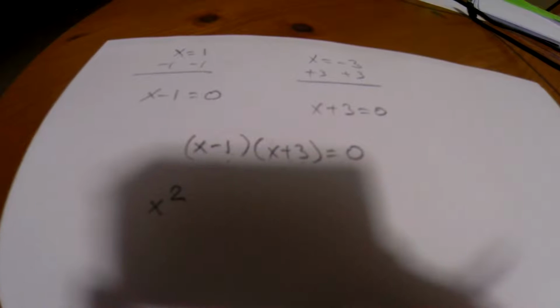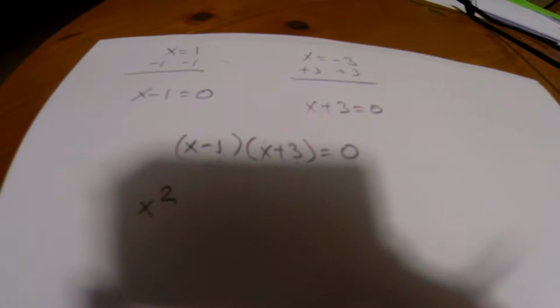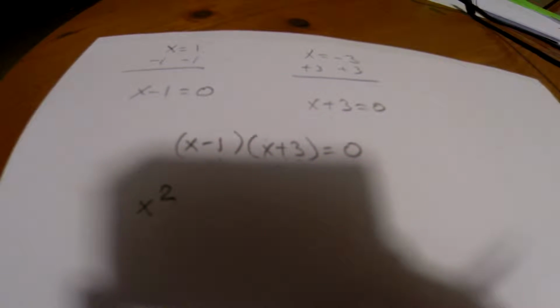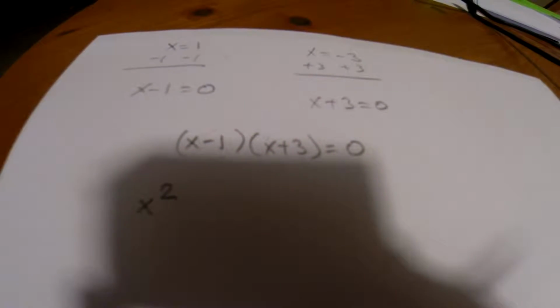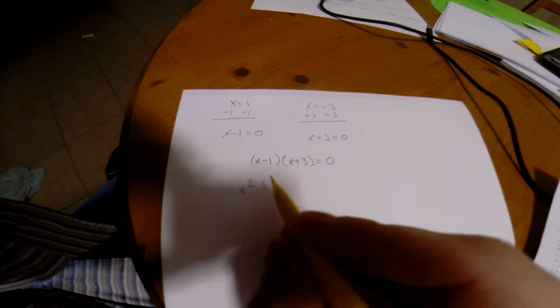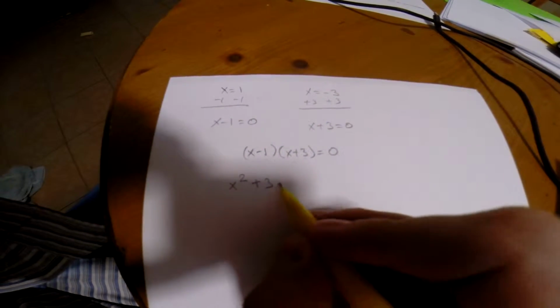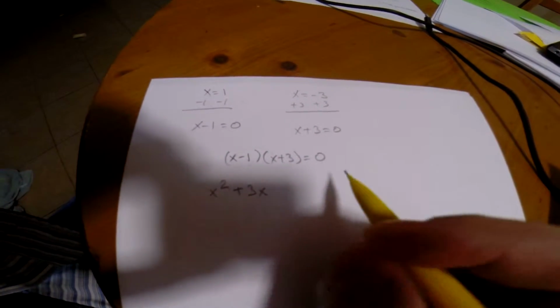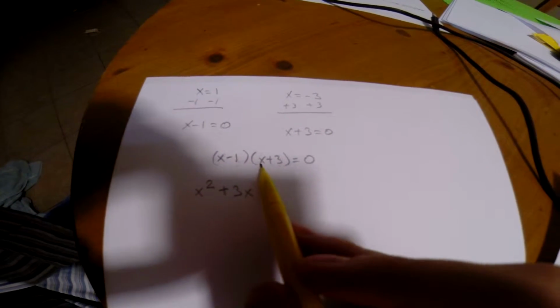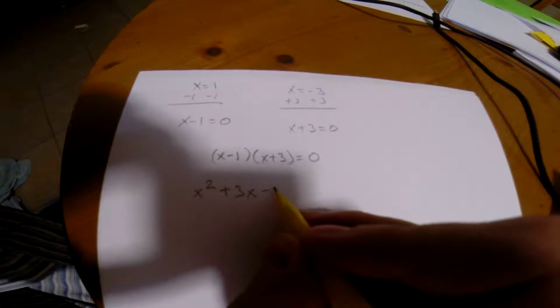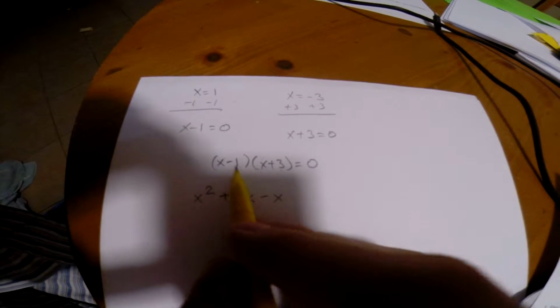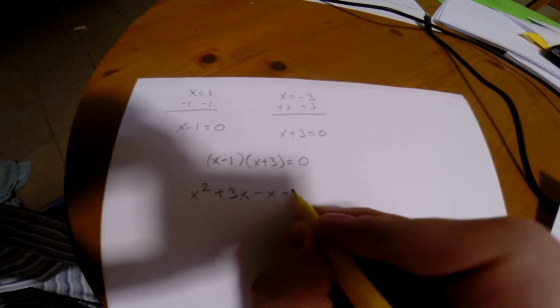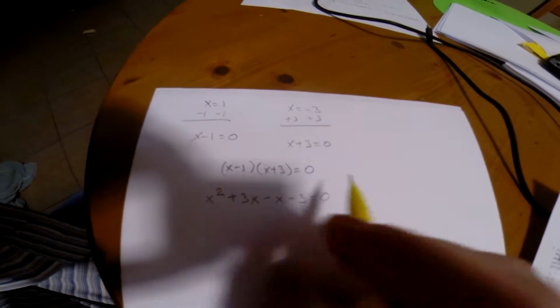But now we're multiplying, and when you multiply two variables together, you get x squared. Then we're going to do x times 3, and x times 3 is 3x. And then we get -1 times x, which is -x, and -1 times 3 is -3. And that all equals 0.